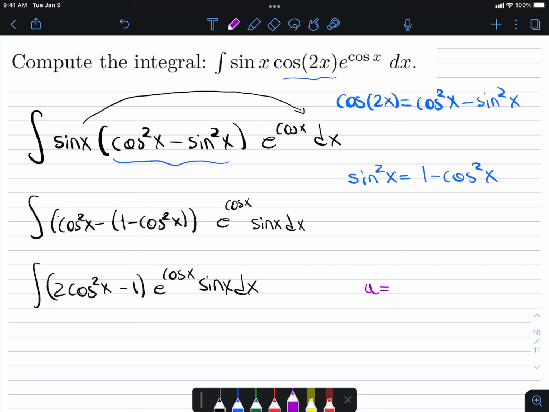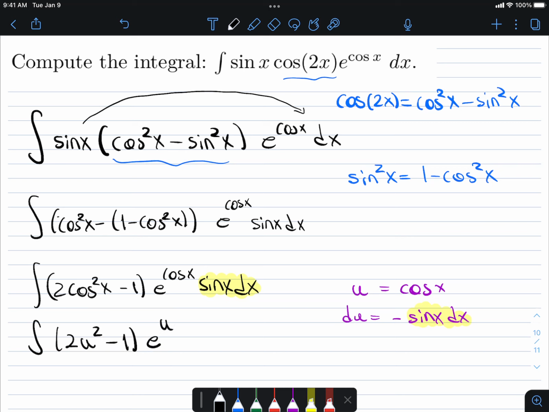If we make u equal to the cosine of x, using the substitution rule, du is minus sine x dx. The derivative of cosine is minus sine. This expression now turns into 2u squared minus 1, e to the u du, with an extra minus sign from here.